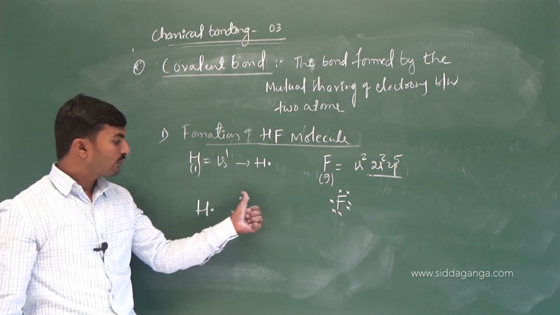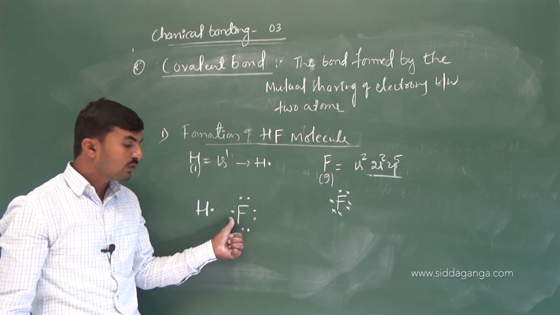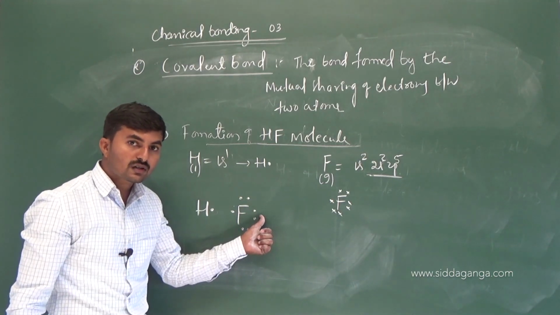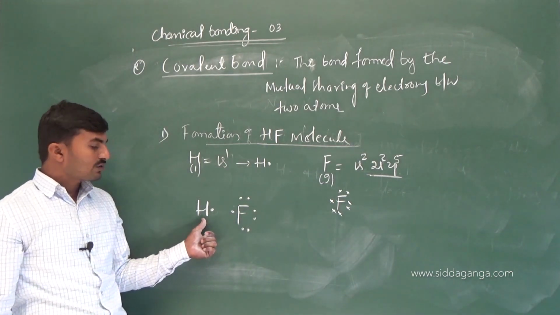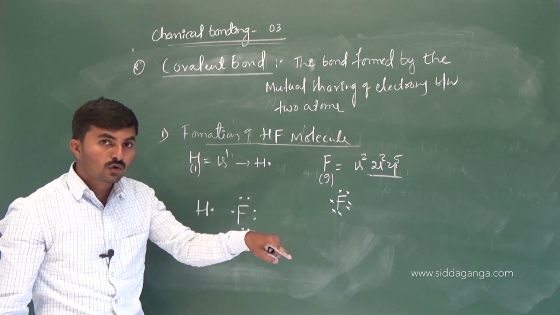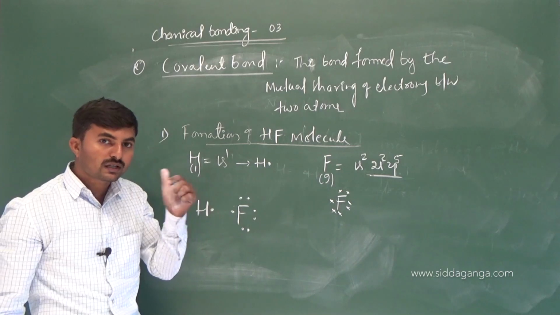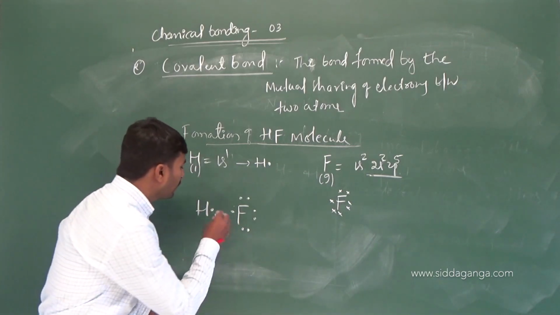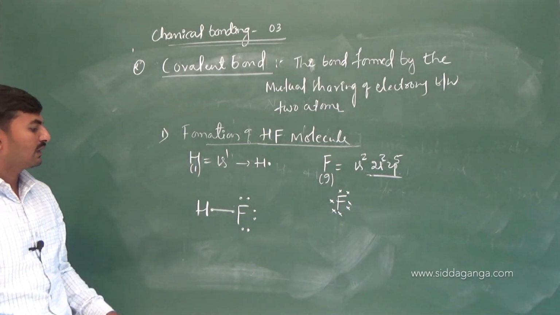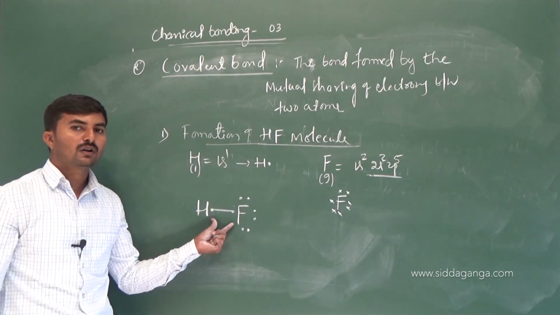Here this fluorine atom requires only 1 electron to get stability or the octet configuration. At the same time, this hydrogen atom also requires only 1 electron to get the nearest noble gas configuration, that is duplet configuration.